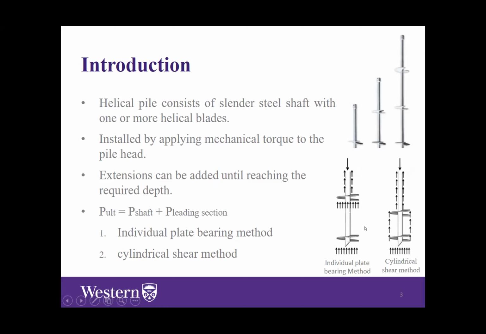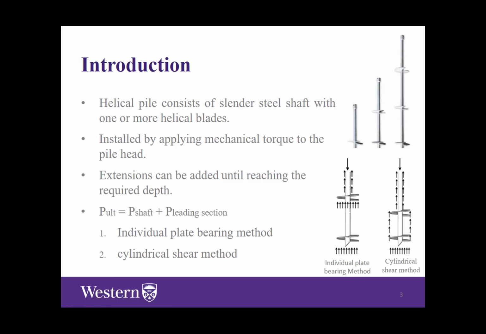So what will make the pile behave as individual bearing or cylindrical shear behavior? This actually depends on the ratio between the interhelical spacing here between the helices and the helix diameter, as well as the type of soil the piles are installed in.